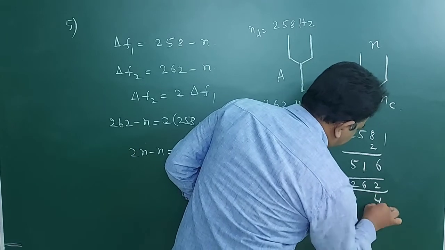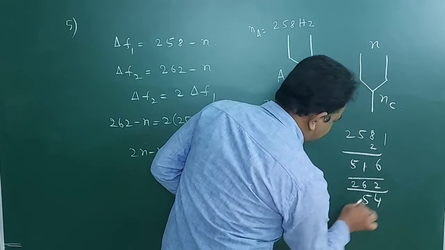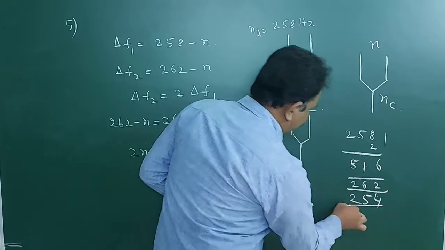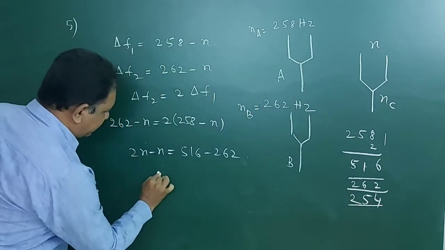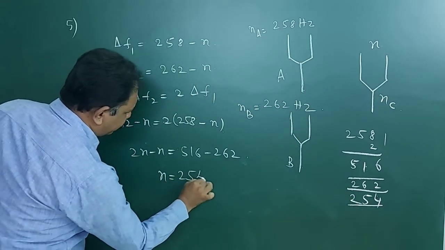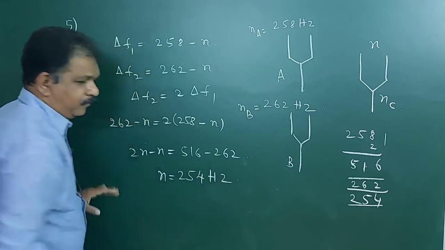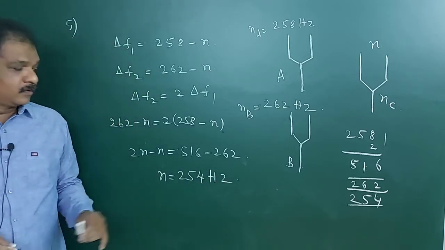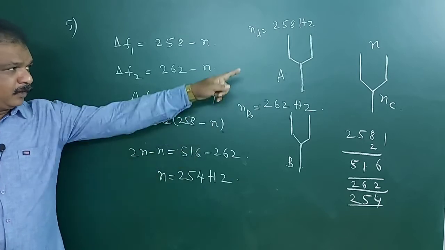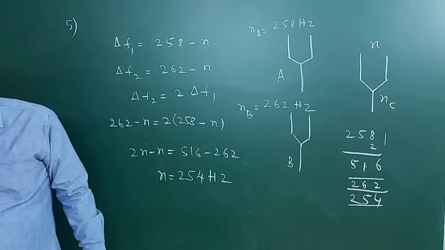If you subtract, 4, 11 minus 6, 5, this will be 254. N is equal to 254 Hz. So this will be the frequency of that fork.